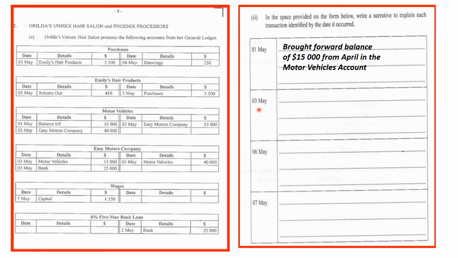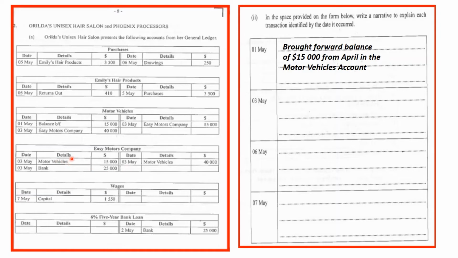On the 3rd of May here, we have 15,000 in the motor vehicles account and another 15,000 in the motor vehicles account here, and 40,000 in Easy Motors, and a 40,000 here in Easy Motors again, and a 25,000 in Easy Motors here.